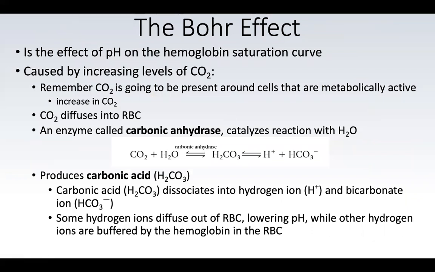So we've talked about how oxygen binds to hemoglobin. Let's now discuss the Bohr effect, which focuses on the other respiratory gas, that being carbon dioxide. And carbon dioxide is going to be found in deoxygenated blood.